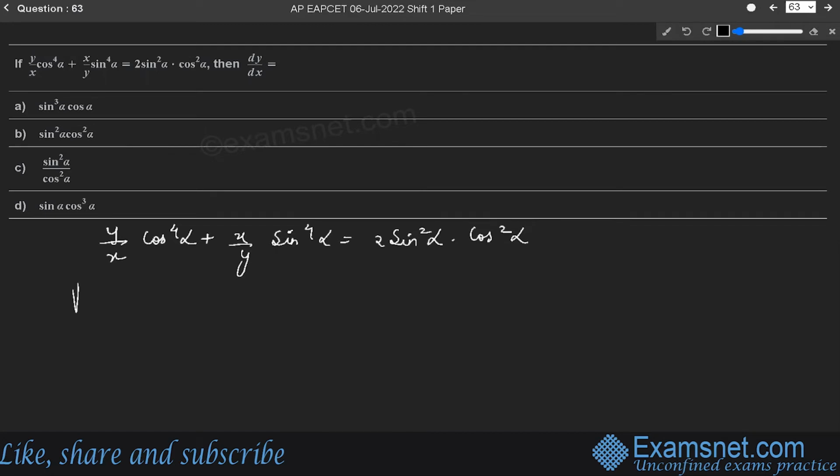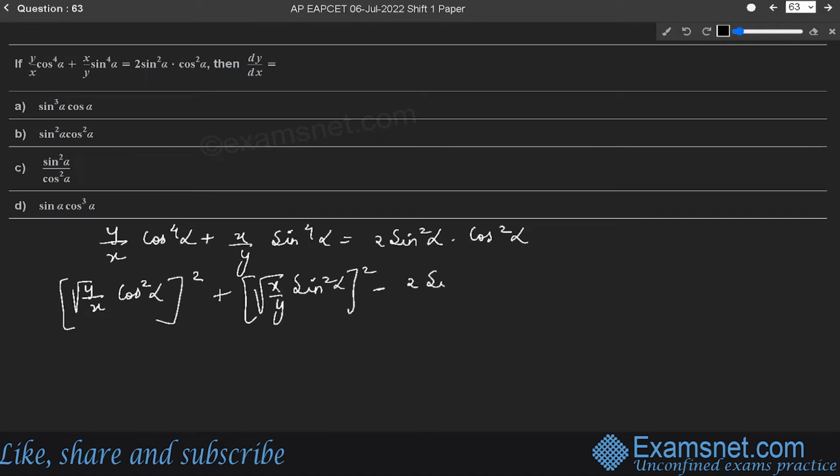It can be written as (√(y/x) cos²α)², because that will be (y/x) cos⁴α, plus the second term (√(x/y) sin²α)², minus 2 sin²α cos²α equals 0.